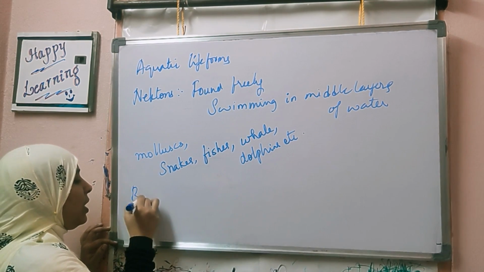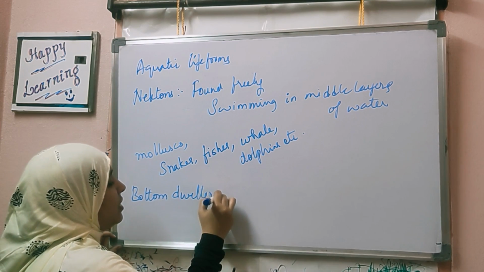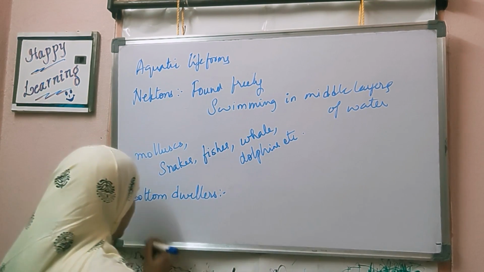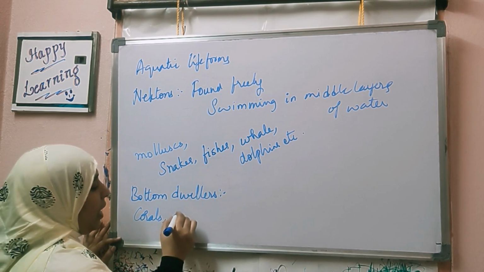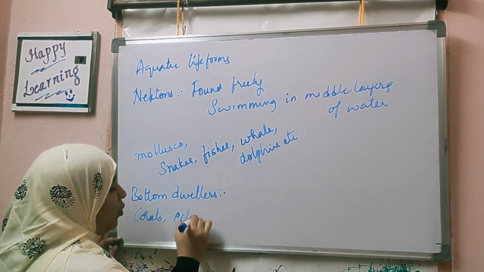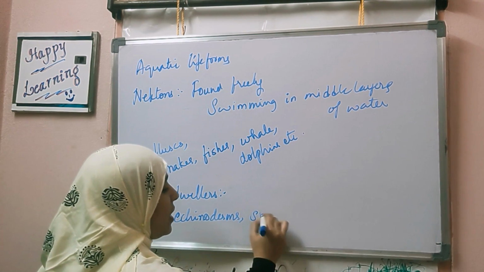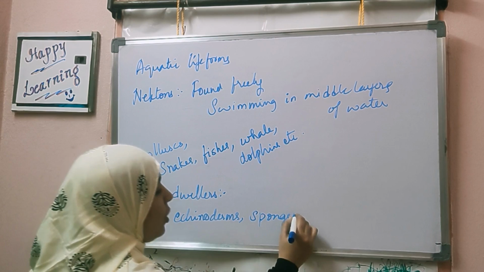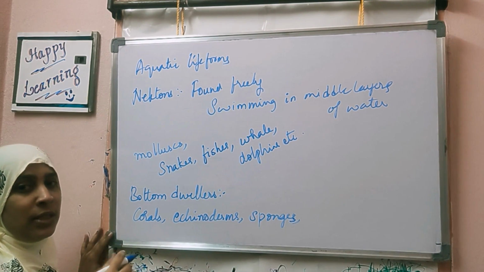And bottom dwellers which are found at the bottom of the ocean, seas, freshwater bodies like coral reefs and some of the echinoderms, sponges, they are also fixed to the bottom of the water. Sponges, we have discussed about sponges in diversity in ecosystem.